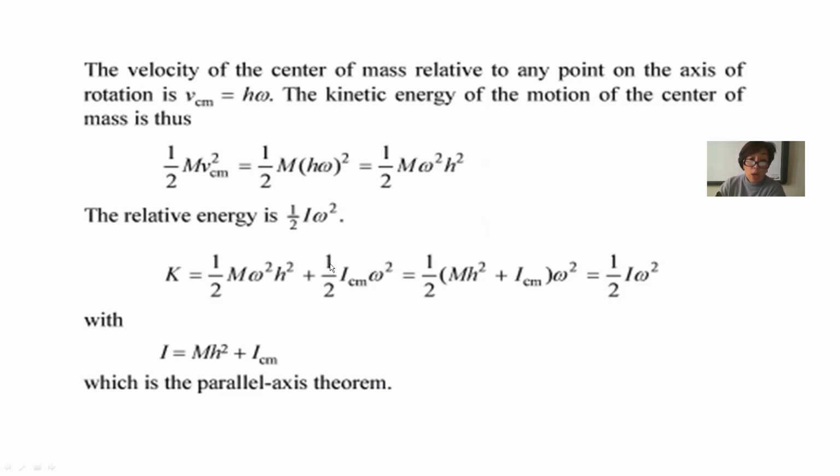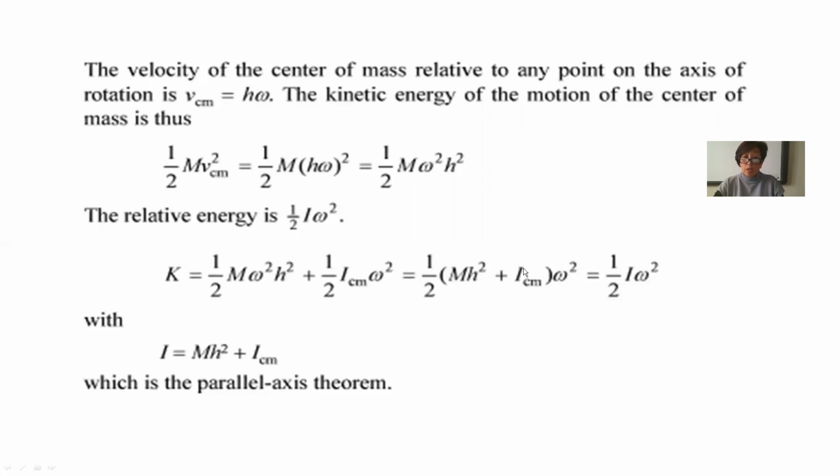This is 1 divided by 2, and I open the bracket: m h squared omega squared over 2, plus the moment of inertia of the center of mass.